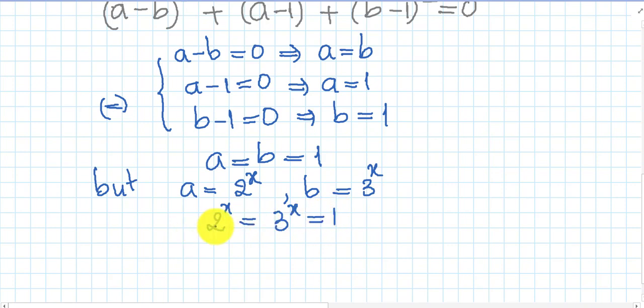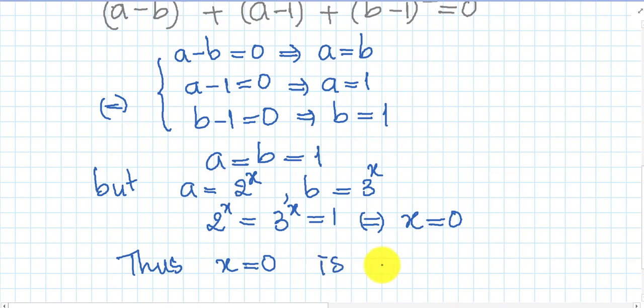We know that 2 power x equal 1 only when x equal 0, and 3 power x equal 1 only when x equal 0. So we get x equal 0. Thus x equal 0 is our solution.